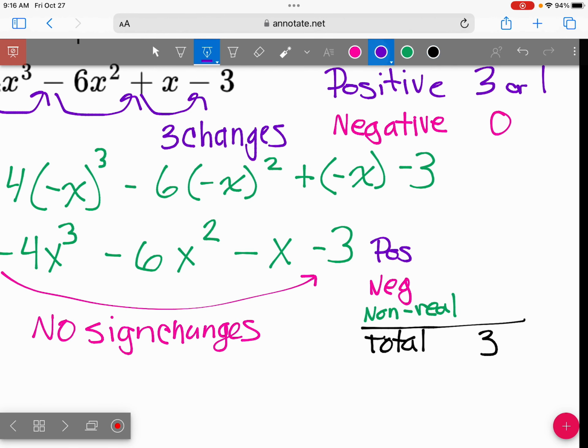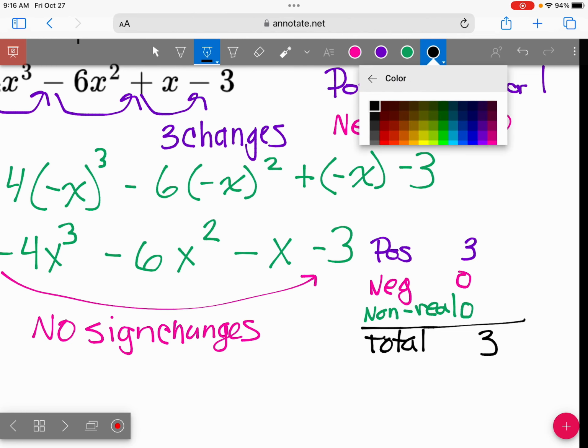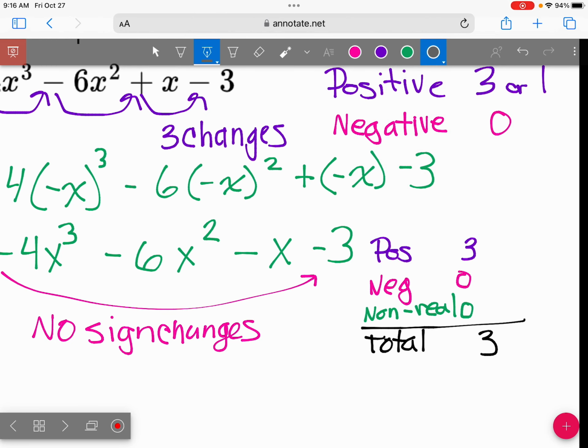No matter what, we need to have a total of 3 roots. So it could be that we have 3 positive real roots. We're going to have no negative real roots. How many complex roots are we going to have if we have 3 positive roots? 0. Or we could have 1 positive real root.